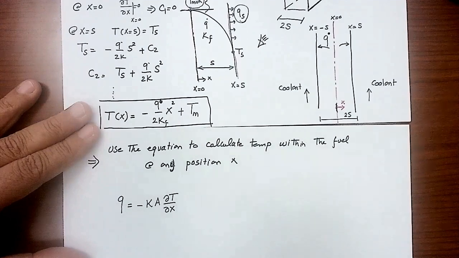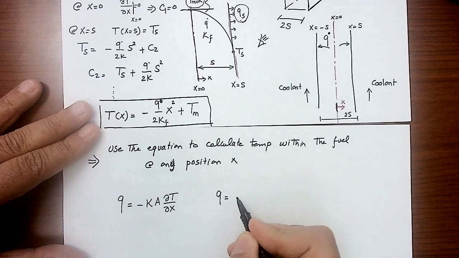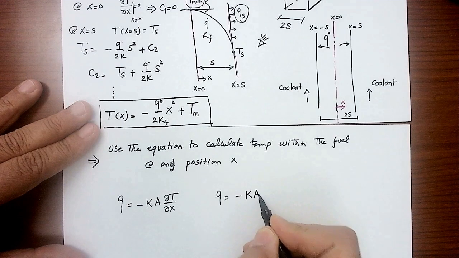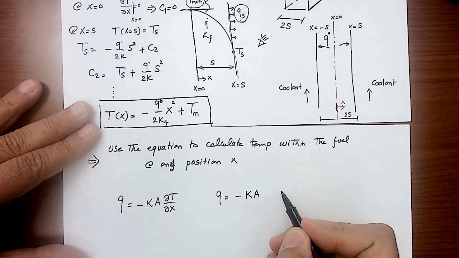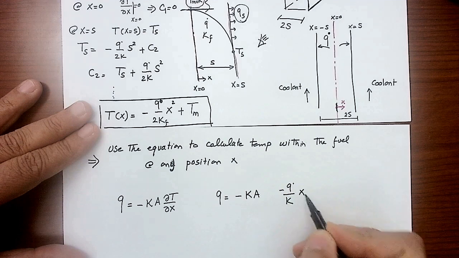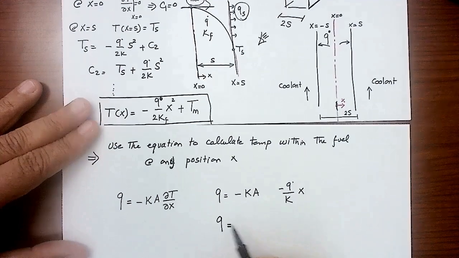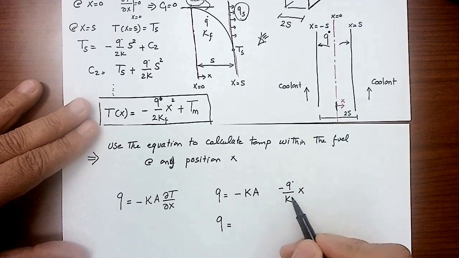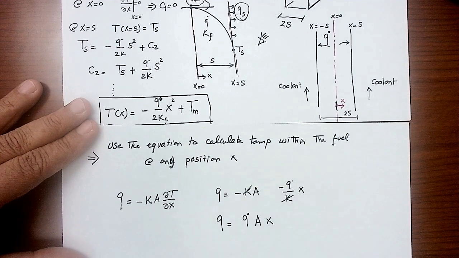So you're going to end up having Q equal to minus KA, and partial T by partial X is going to be actually minus Q dot over K times X. So you'll find that Q is equal to, minus will cancel out, K will cancel out, so I will end up having Q dot times A times X.